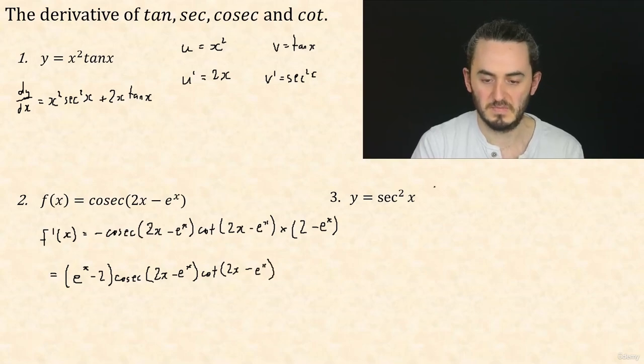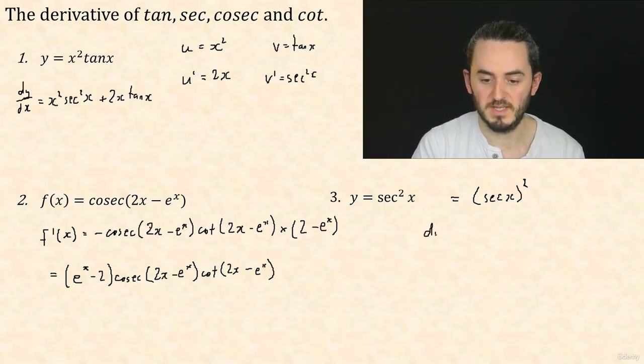All right, now last one here. I've got y equals sec squared x. So what I'm going to do is write that as sec x to the power of 2. So this is again chain rule because it's a function squared, it's some stuff to the power of 2.